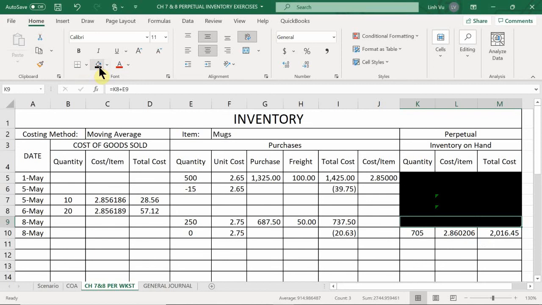So we still have 705 items left available, but this time, because we made changes to the total cost, it changed our cost per item. So it used to be 2.856, now it's 2.8602. Okay, so there you go.